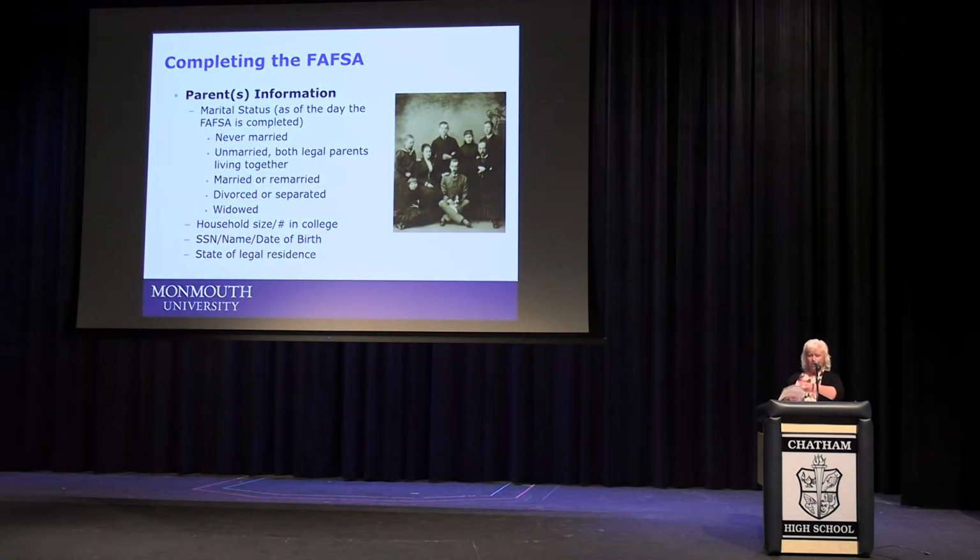Okay, parents, here we go. Here's some information that you'll want to be prepared with when you go to complete the FAFSA. Now, in the beginning, I mentioned that the income information you'll be using for 2023, 2024 will be from 2021. Now, that's your income information. There are a few items on the FAFSA that will be as of the day you complete the application.